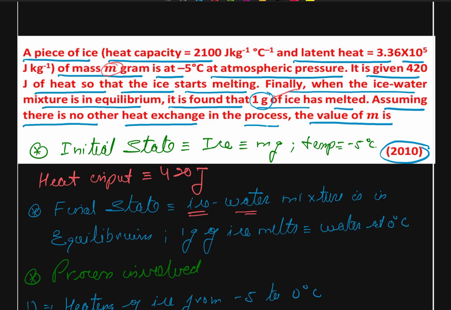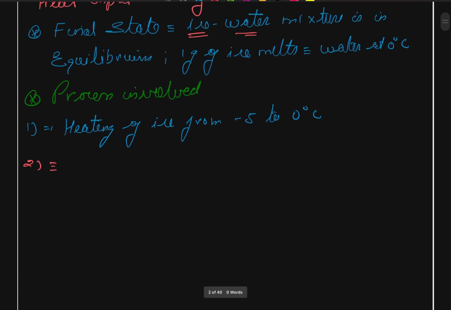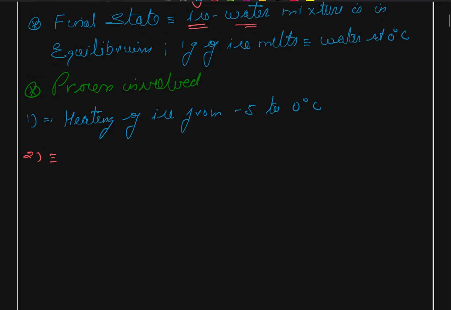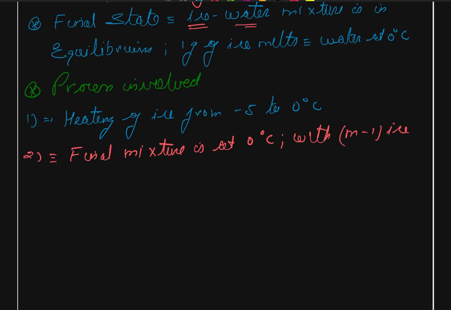Therefore, the final mixture at 0 degree centigrade is going to have m minus 1 gram of ice and 1 gram of water.